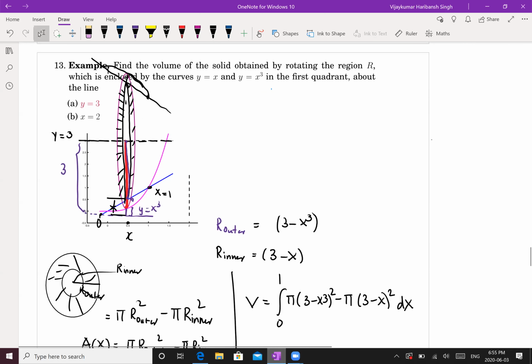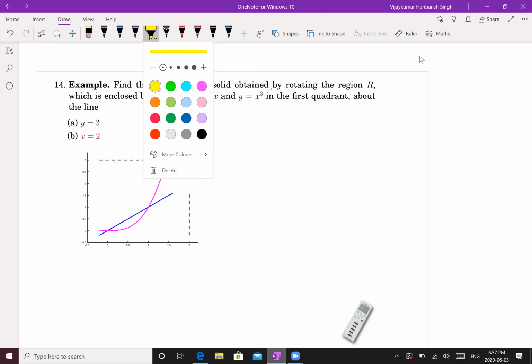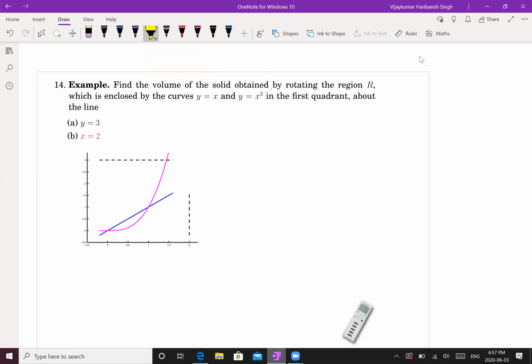Now let's do the same problem with x equals 2. So let's embark on that. Again, the region we are interested in is basically taking this region R and rotating it around.